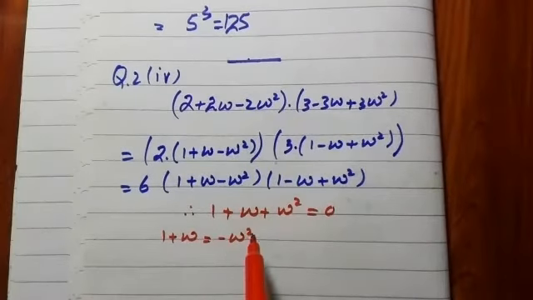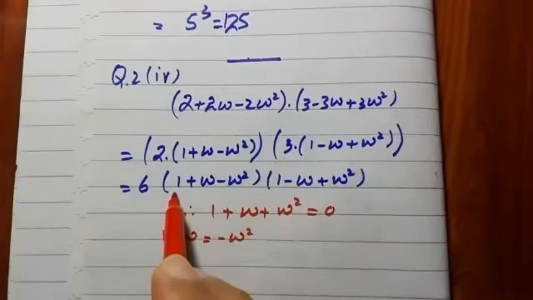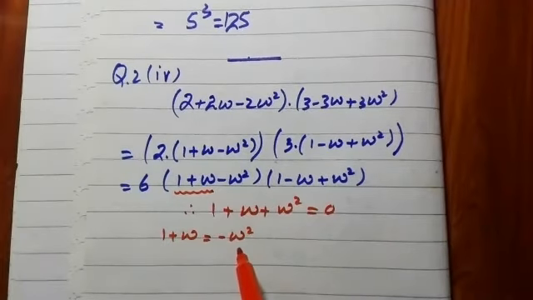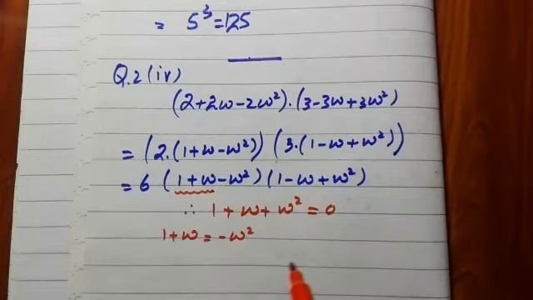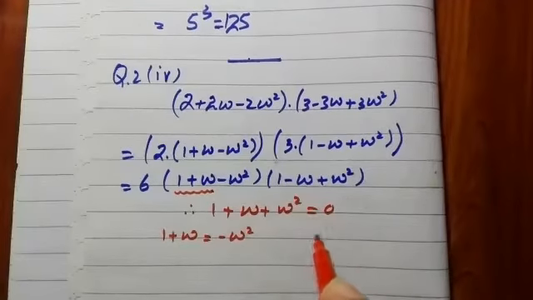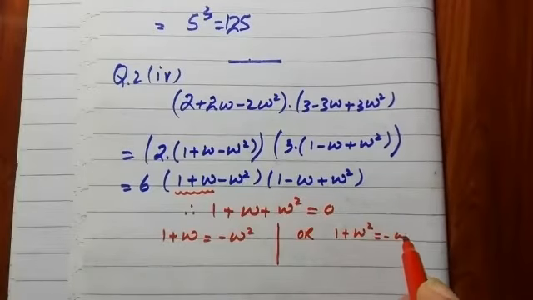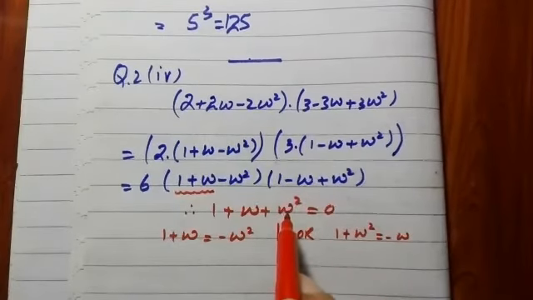And what I wanted to tell you is that in the first part I will use the value of 1 plus omega, and this will be minus omega square. And for the second part, I will find the value of 1 plus omega square from the same identity, that it will be minus omega, and I will use it in the next bracket.